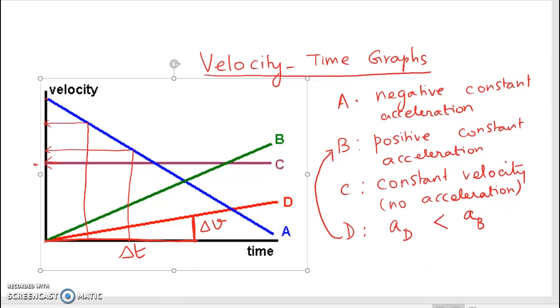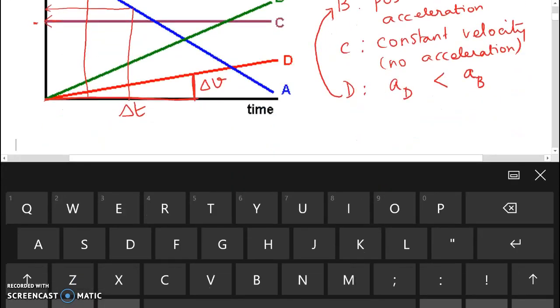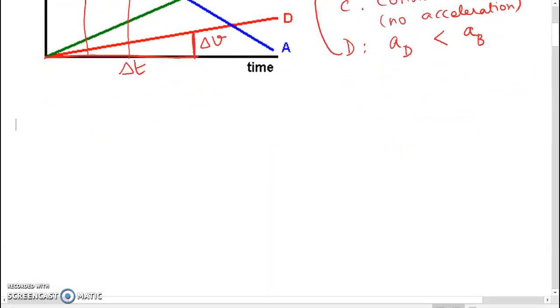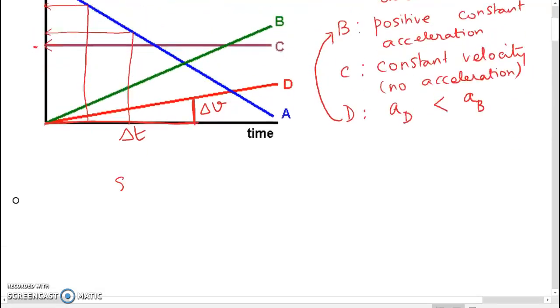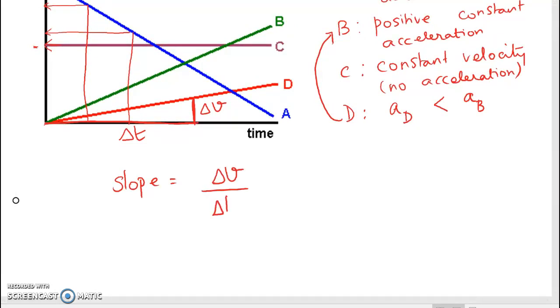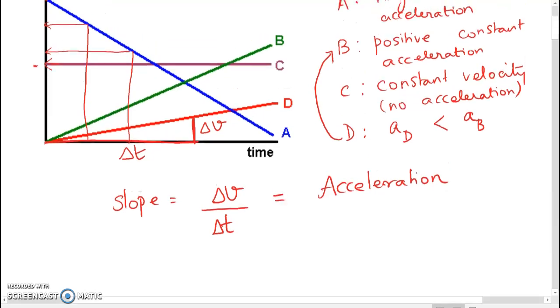So in a velocity time graph, the slope represents change in velocity over change in time, and we know that represents acceleration. So you can look at whether it's sloping downward or upward and decide whether it is positive acceleration or negative acceleration.